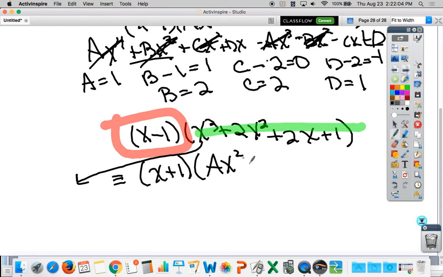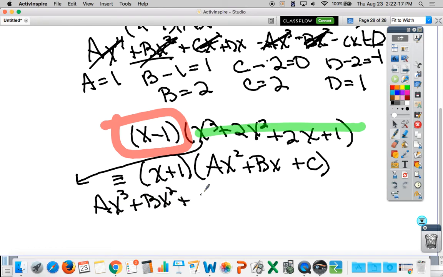Ax squared plus bx plus c. Okay, I'll work this one out. I think y'all are pretty adept at doing this.